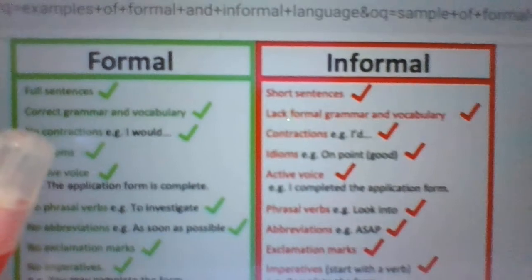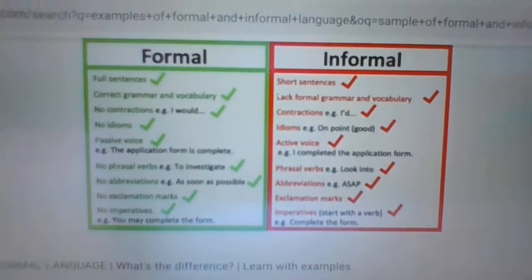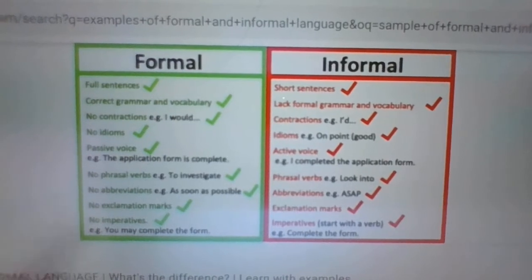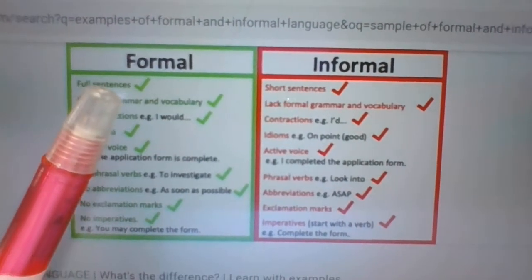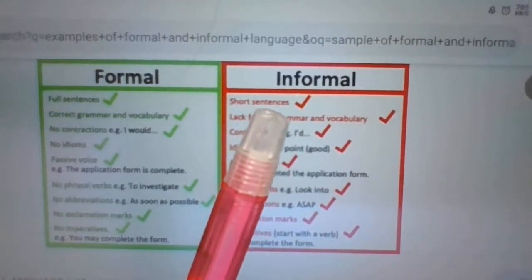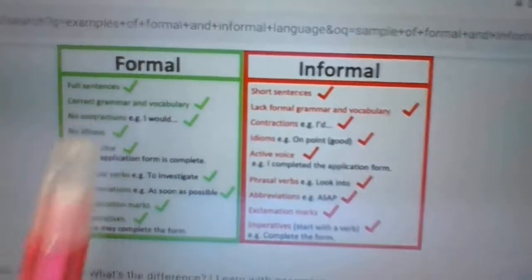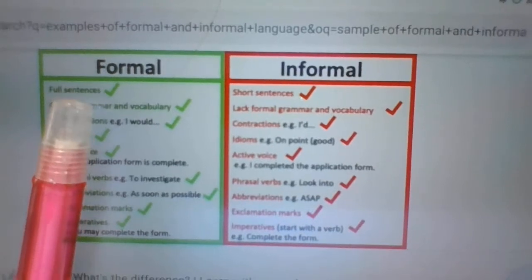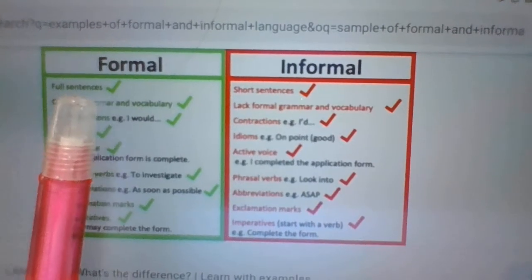These are the differences. Hopefully you can see it clearly. Full sentences for formal, short sentences for informal. Full sentences. What is sentences? Ayat, penuh.